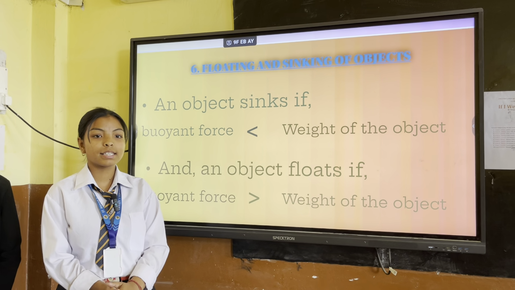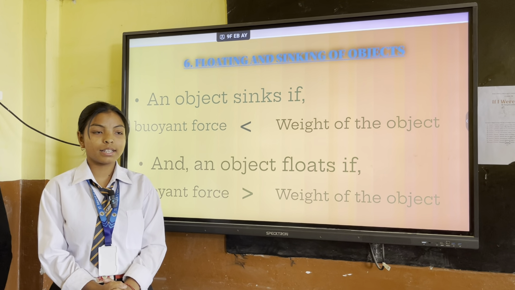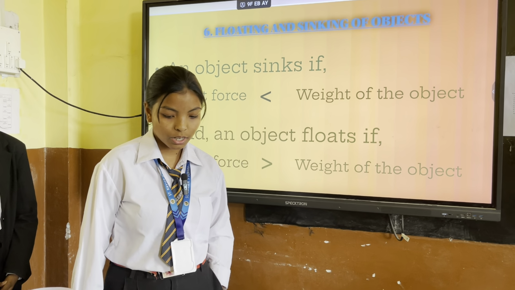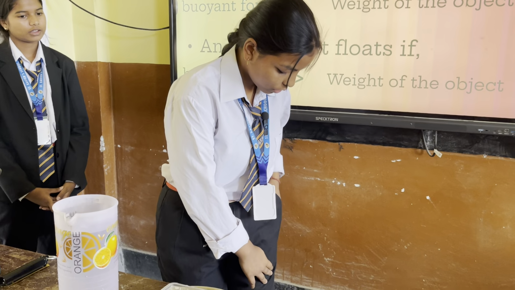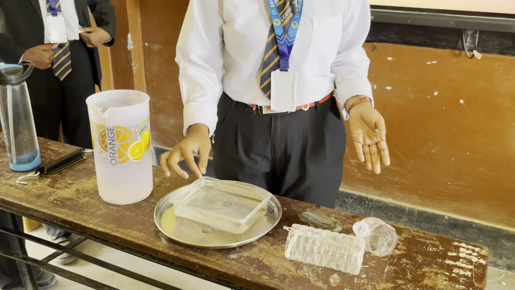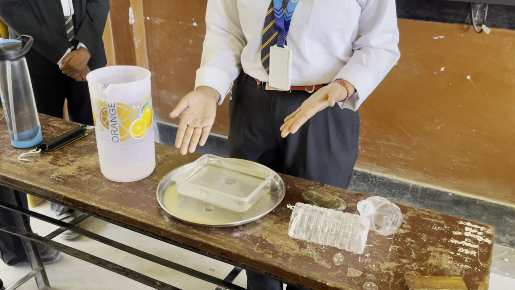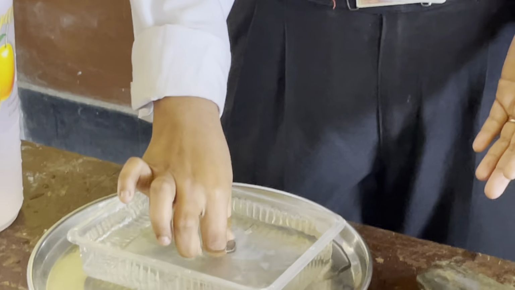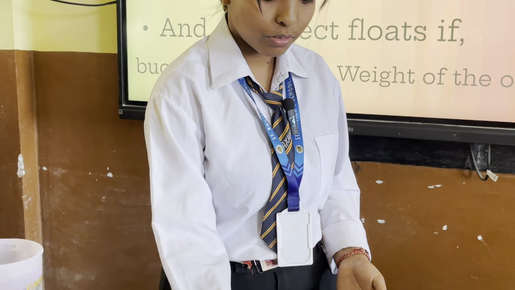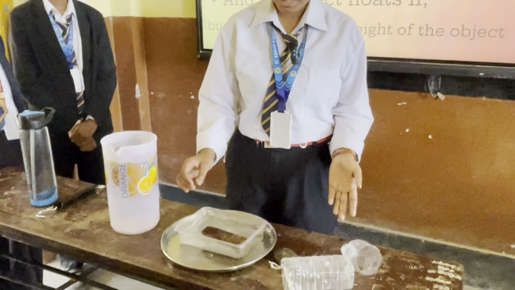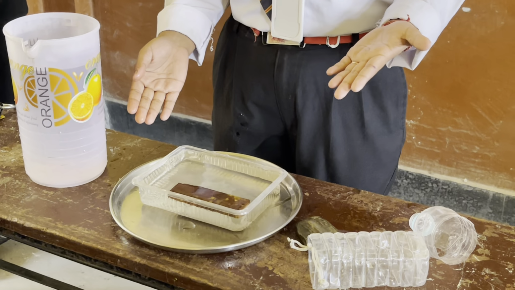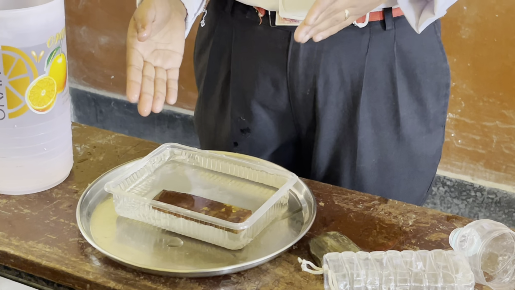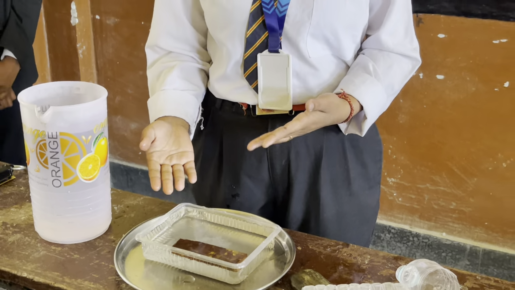An object sinks in a fluid when its density is greater than the density of the fluid. A coin sinks in water due to higher density. Wood floats in water because it is less dense than water.